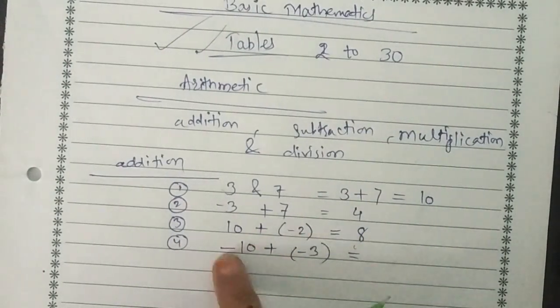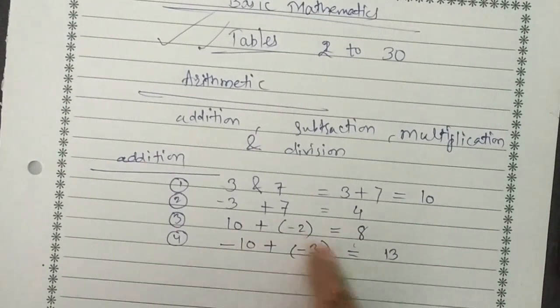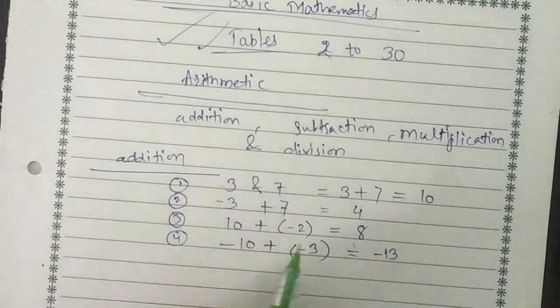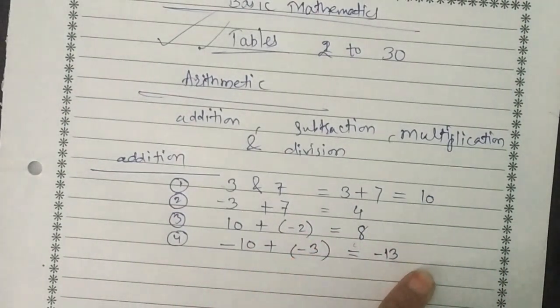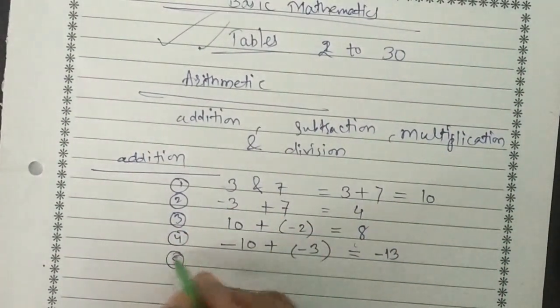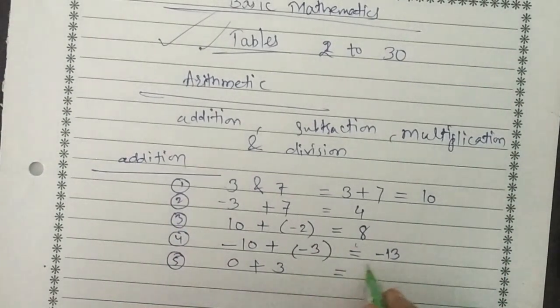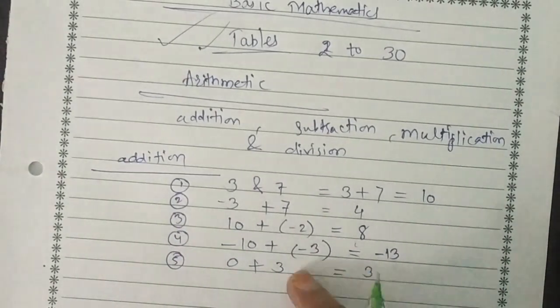Here you are adding both negative integers, so simply add them and give the sign of minus. In this way, children, you can perform addition. And if you add 0 to any integer, the result will be the number itself.